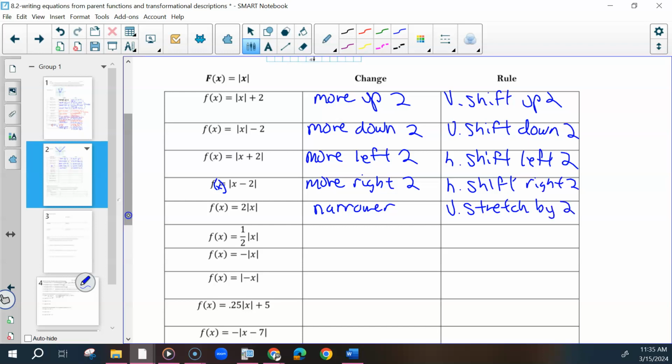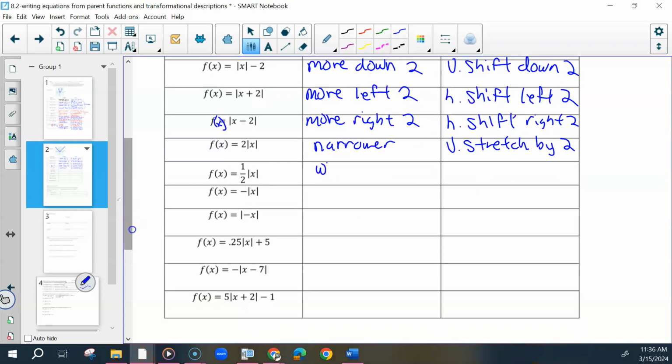One half outside the absolute value. It does get wider. And what would that rule be? It's still a vertical compression by 1 half.